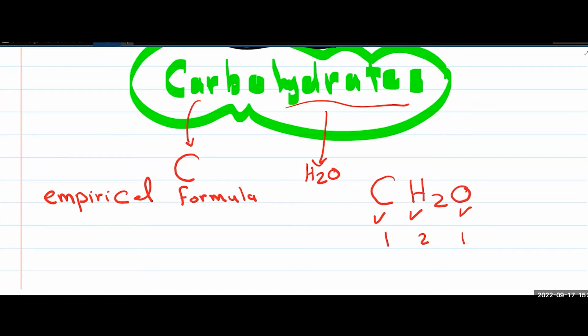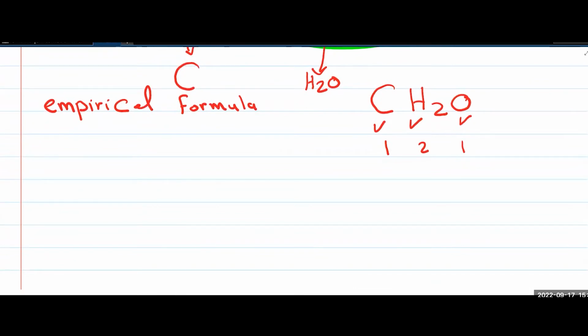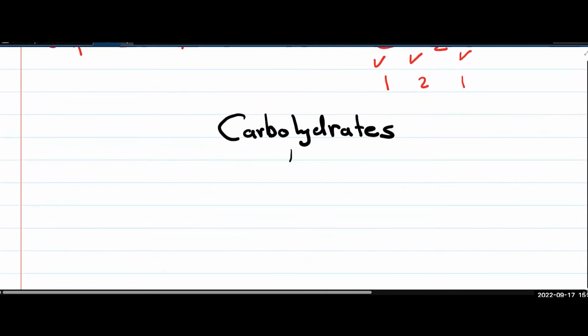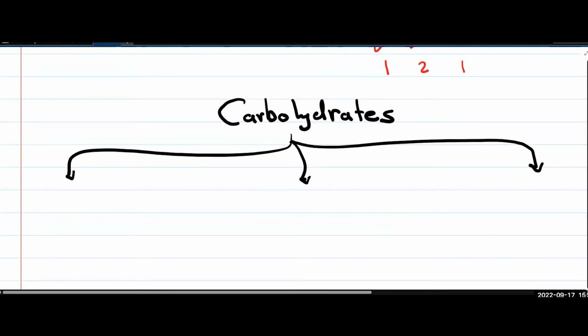We learned about carbohydrates that they could be made up of one sugar, called monosaccharide, disaccharide, polysaccharide, right? Okay, so we can divide the carbohydrates according to the number of the sugars found in one molecule: monosaccharide, disaccharide, polysaccharide.